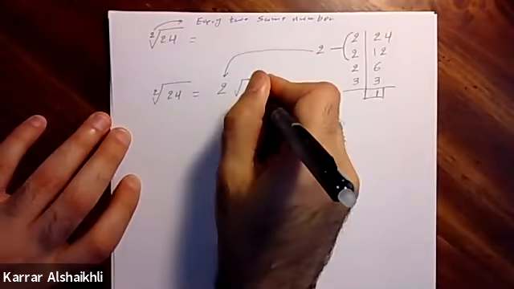I'm going to write down 75 and start dividing. Can I divide 75 by 2? No, it's going to be a decimal number. By 3, 75 divided by 3 is going to be 25.